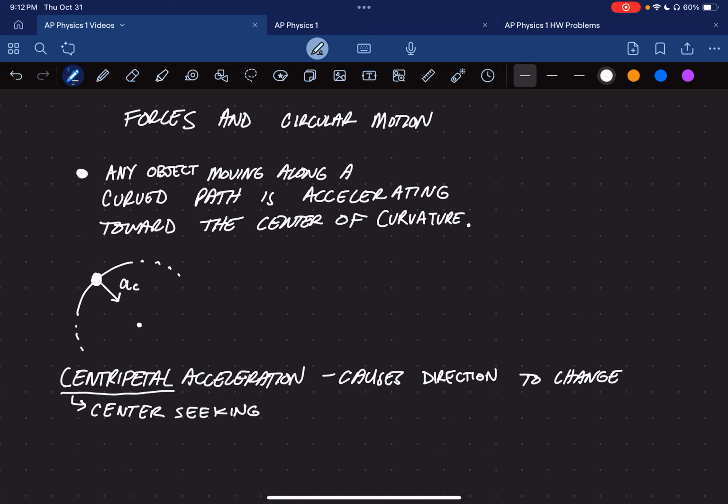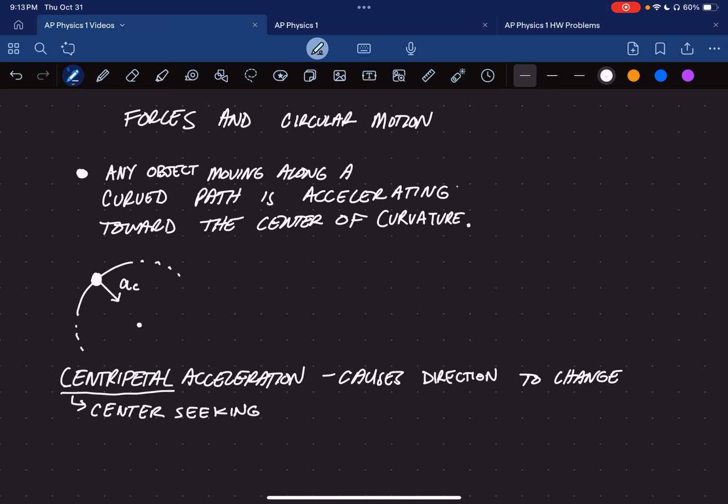Here's the center of curvature, and we've drawn an arrow and labeled it as the acceleration, which points towards the center of curvature there. This acceleration is called a centripetal acceleration, which means center seeking. And this centripetal acceleration will cause the direction of the object to change.